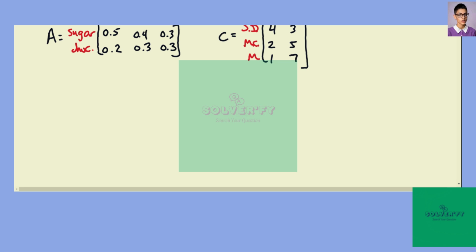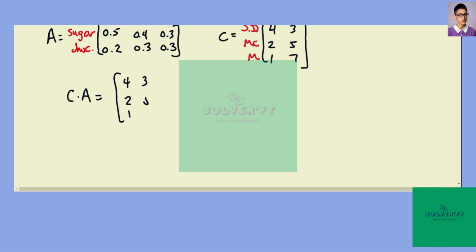So now, I would like to know how much it is going to cost me to make each type of candy in each city. Again, this is per kilogram. So what I need to do is take C times A.